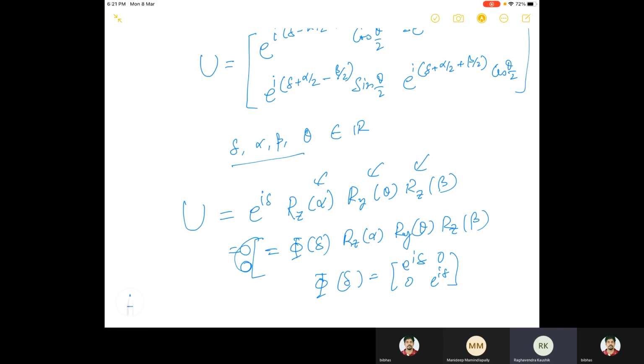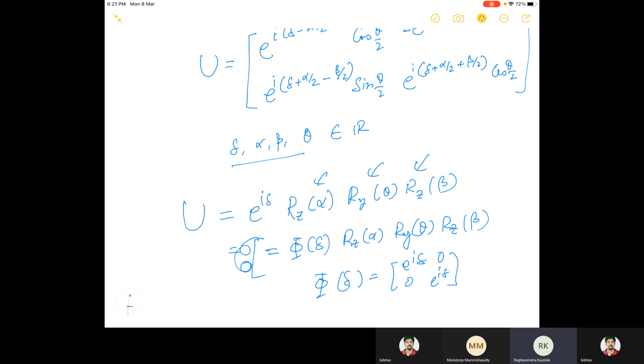Sir, last time you gave one Rx, one Ry, one Rz, and a phase matrix, but now you give two Rz and one Ry. Is it possible, are they equivalent? Yes, it's equivalent. I said there are some a, b, c, d, so you can change the ordering, and that also can be written this way.